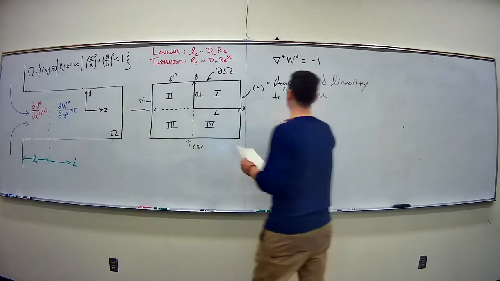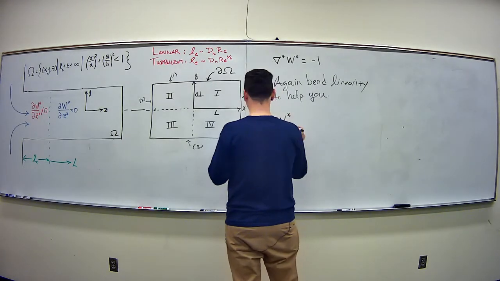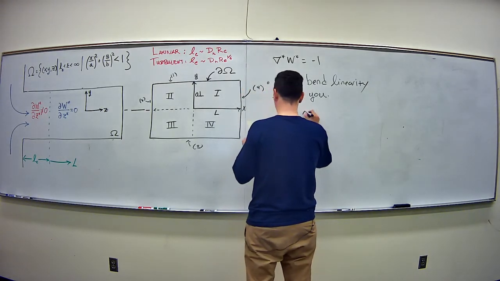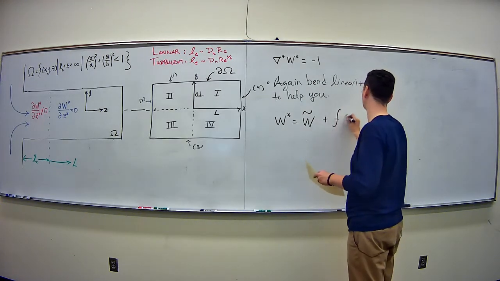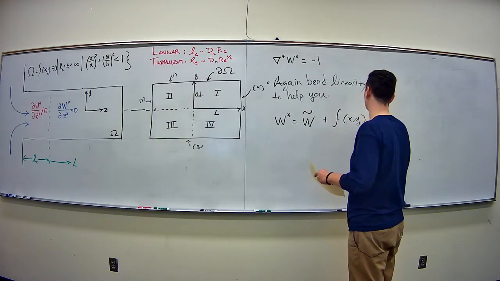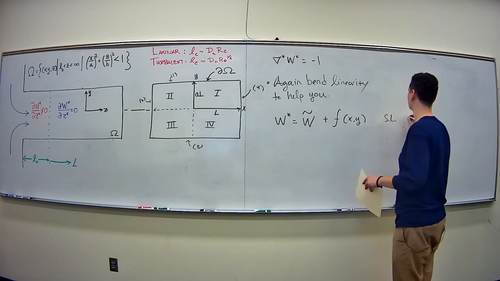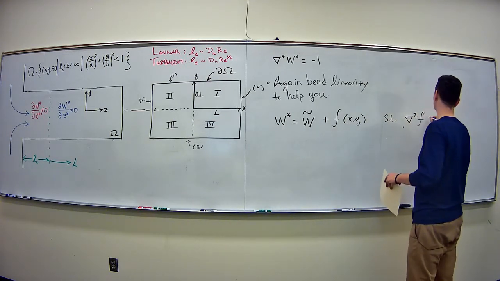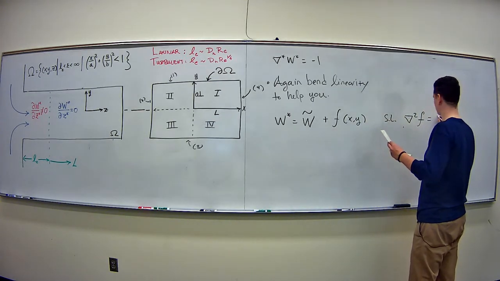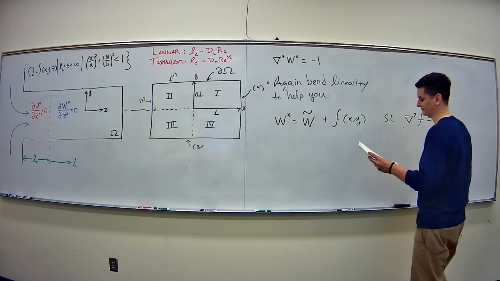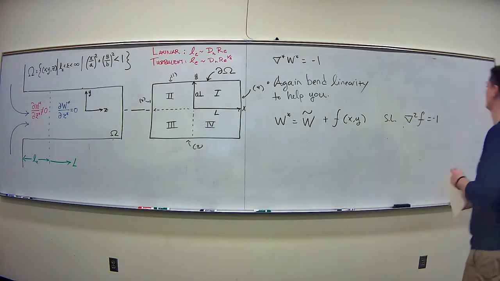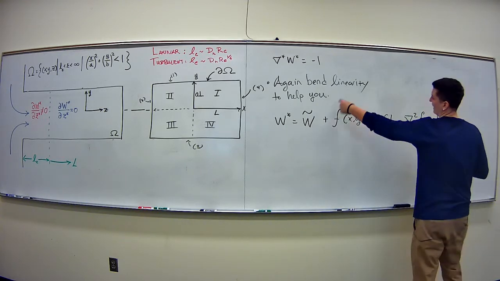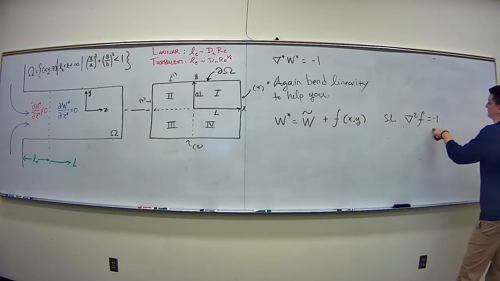Right? Because we have, I'm going to do the star, I want it to be equal to a homogeneous part plus something. Okay, this is exactly what we stated before, where you just want to find some f function such that this is true.